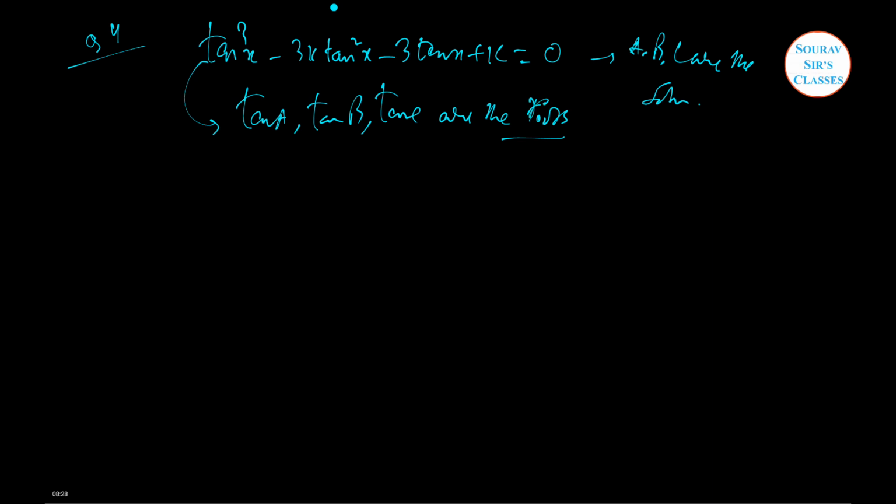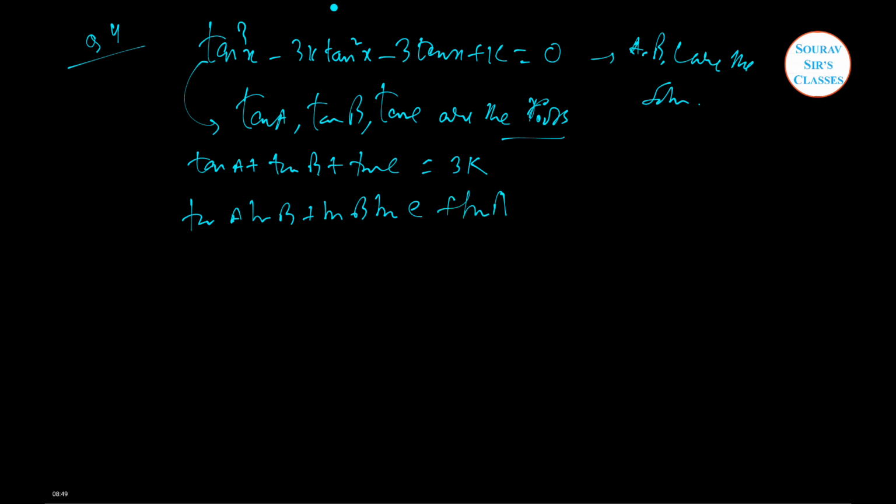So tan A plus tan B plus tan C equal to 3k, that's it. Utilizing the formula, tan A tan B plus tan B tan C plus tan A tan C equal to minus 3, and the product of these three will be this, but the product equal to the sum.